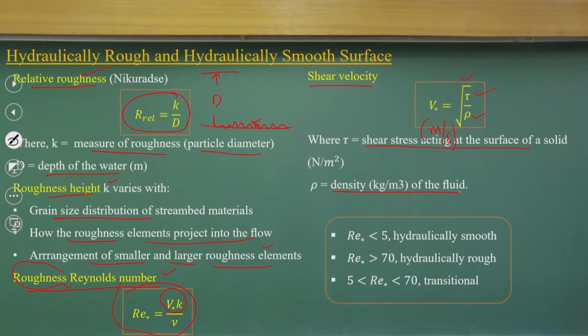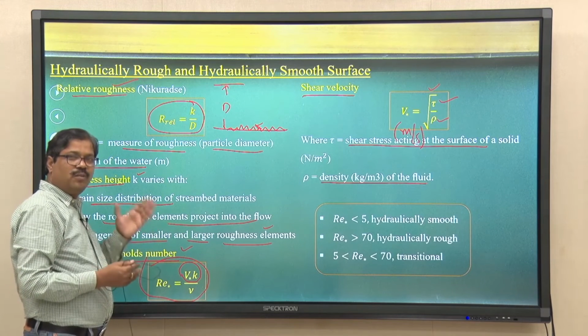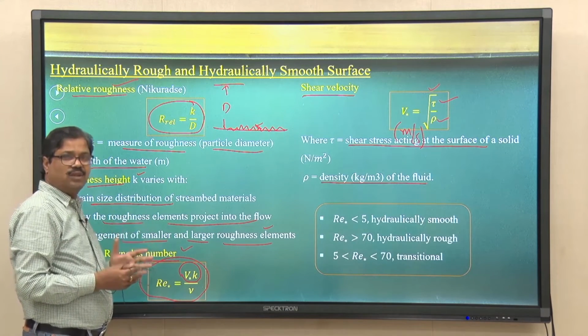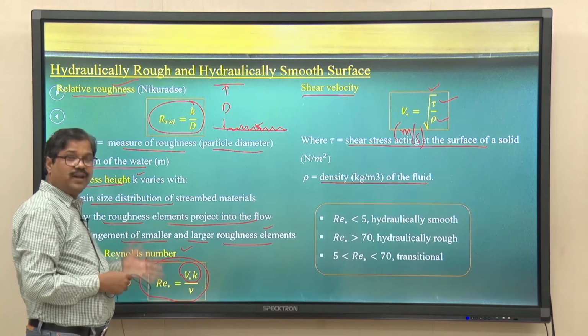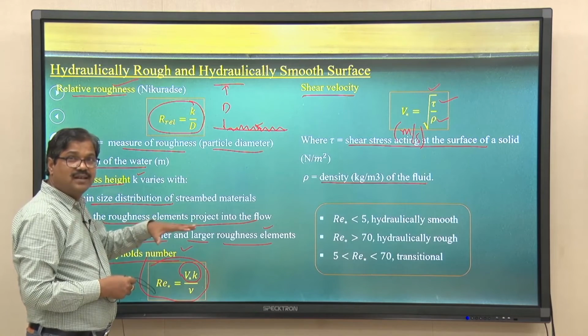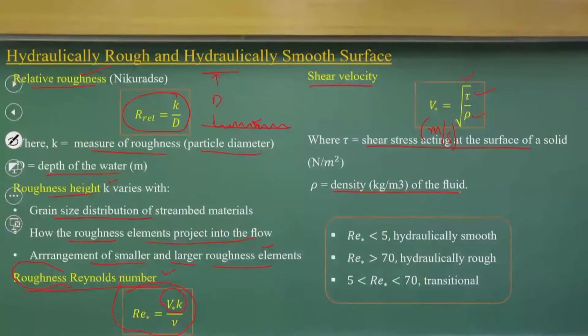If you compute the roughness Reynolds number, as we know from pipe flow, we separate laminar flow and turbulent flow based on Reynolds number thresholds. In exactly the same way in channel flow, where we have the bed roughness, we can compute the roughness height in terms of particle diameters, we can compute the shear velocity, and we know the kinematic viscosity of the fluid.